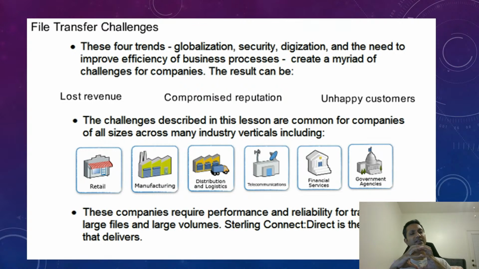Now, how Sterling Connect Direct came into the picture initially: mostly in financial services or even other companies where you had mainframe servers, right? In the 1990s, Sterling Connect Direct used to help transfer files from one point to another on the mainframe server. So that was the origin, and slowly it has become a de facto protocol as well as a product that is still being used, mostly in the banking sector, that I've seen, not too much in other sectors the way it has been in financial services.